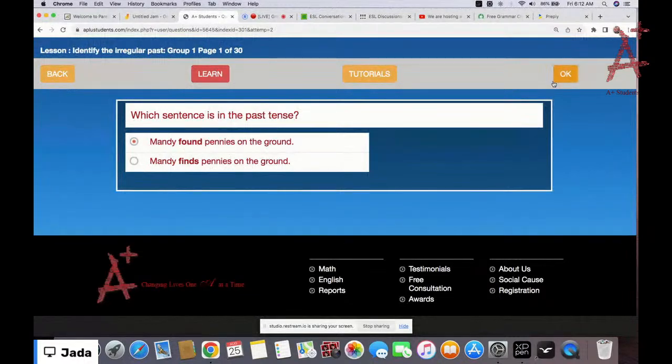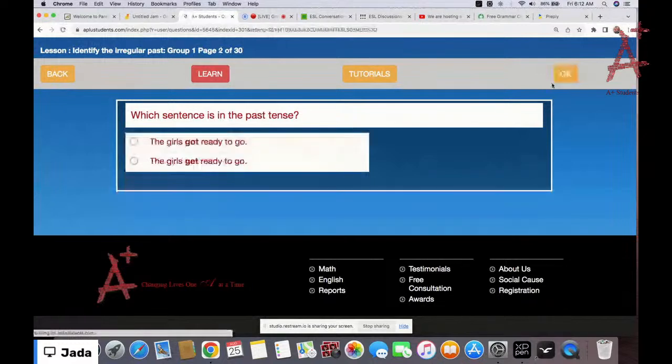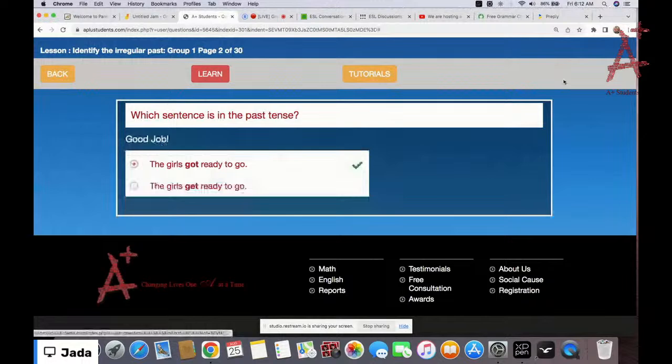So found. Which sentence is in the past tense? The girls got ready to go. The girls get ready to go. So the second one is the present and the first one is got. Okay, so the got is the past tense.